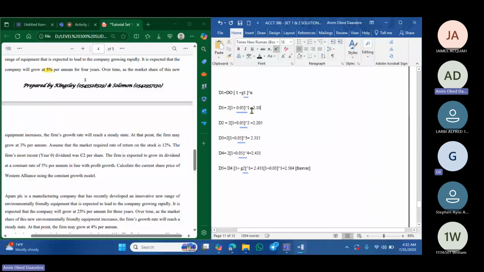There's another way we can also find our D1, D2, and D3. After you have found D1, if you want to find D2, you can use the D1 value to find D2. We are not going to raise it towards power 2, but towards power 1, because D1 is already here.